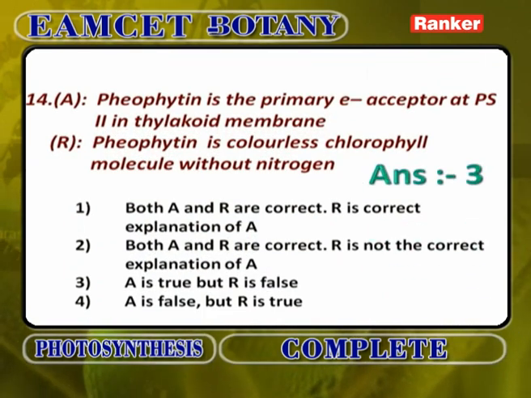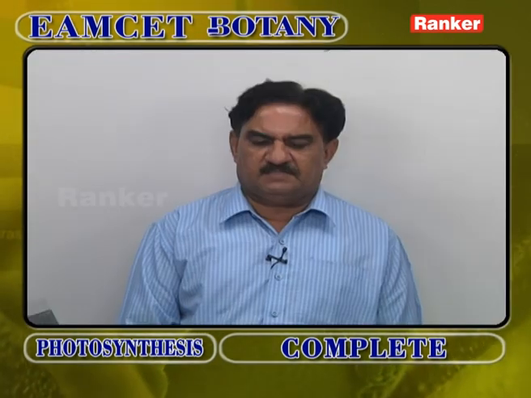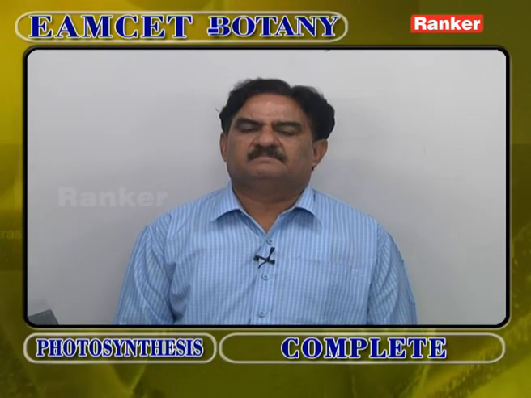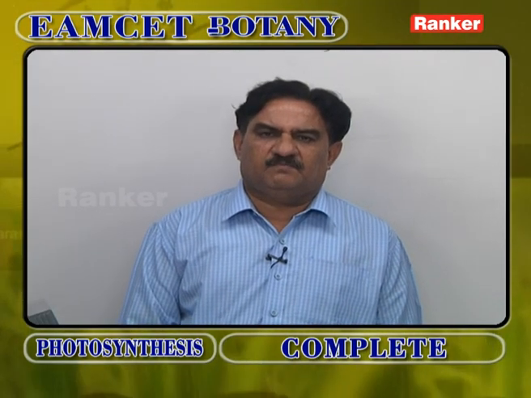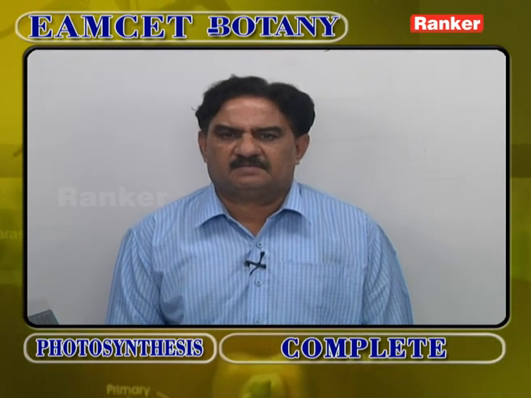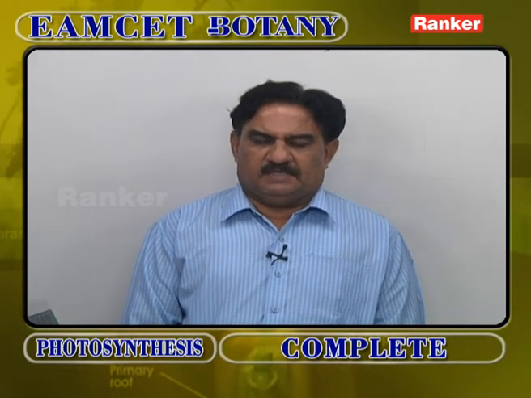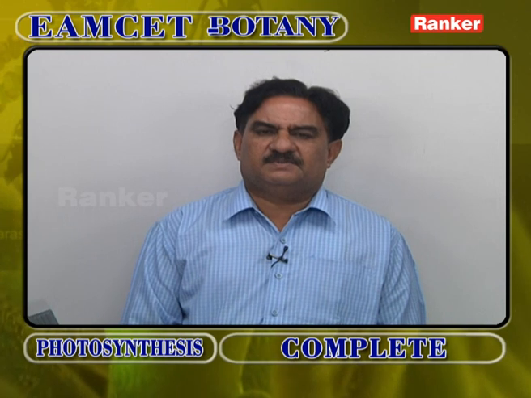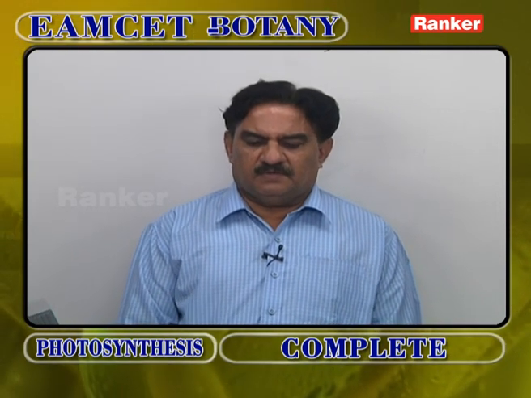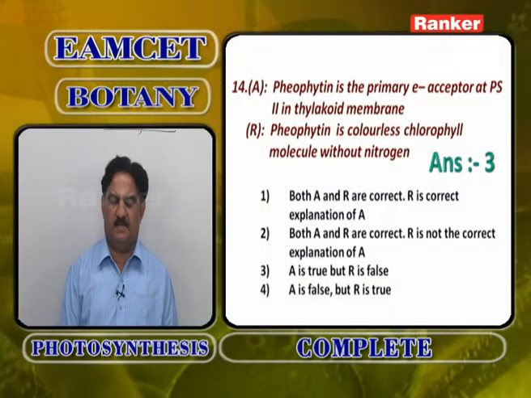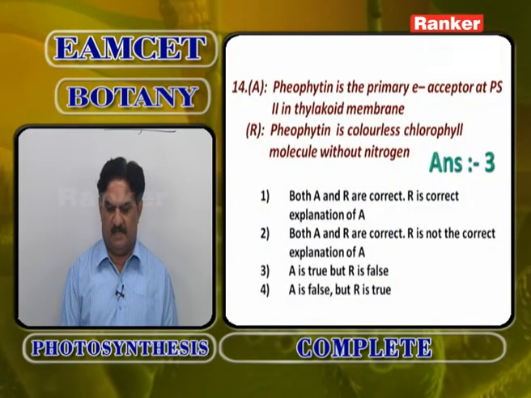Next assertion reasoning. Pheophytin is the primary electron acceptor at PS2 in thylakoid membrane. Definitely, whenever PS2 is excited by getting sunlight from light harvesting complex 2, the excited PS2 liberates electrons which are accepted only by pheophytin. That is correct.